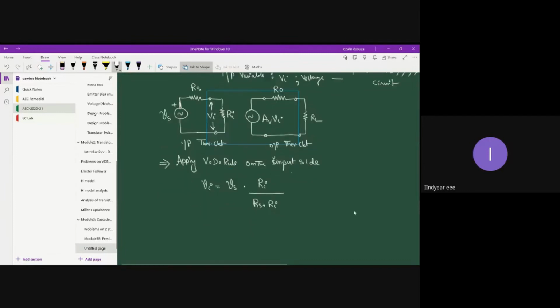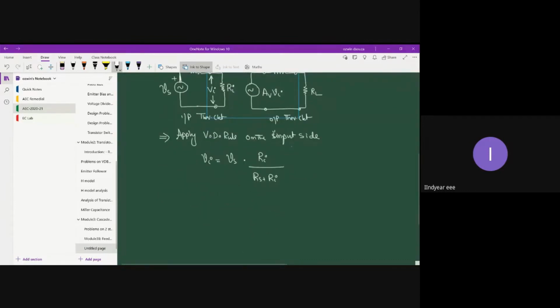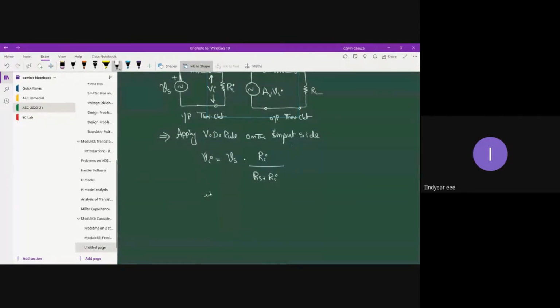Then suppose your input resistance is very large in comparison with source resistance, then you would have obtained Vi approximately equal to Vs into Ri divided by Ri.